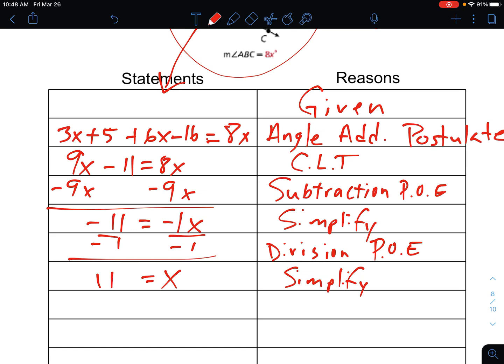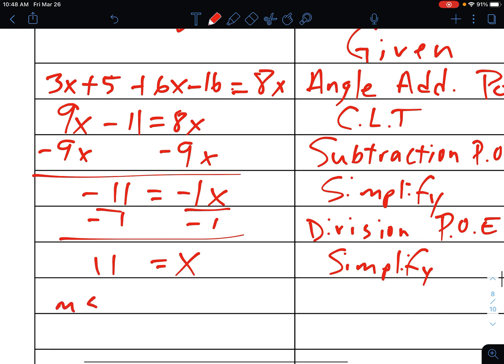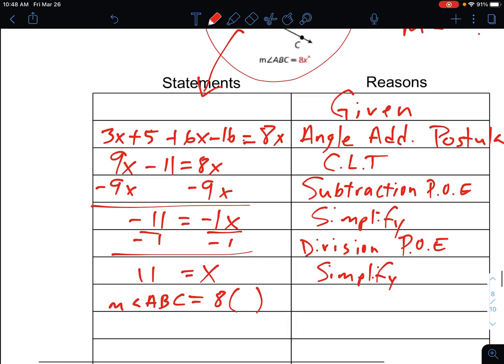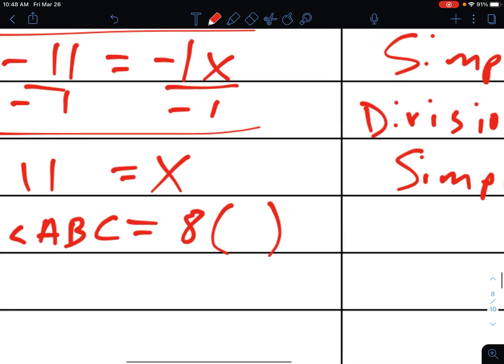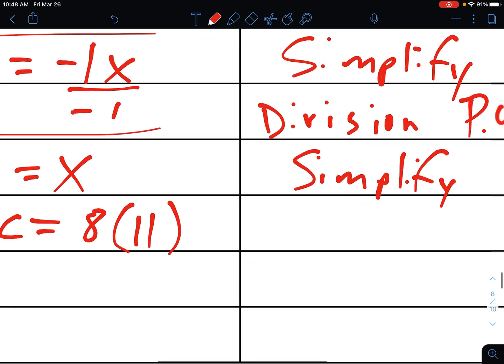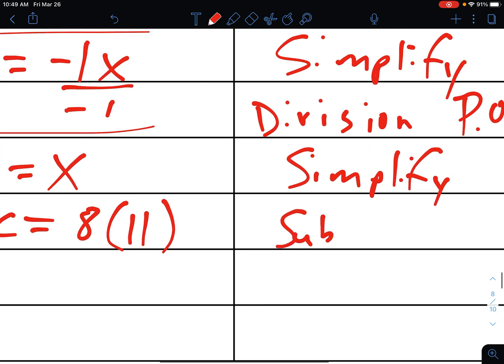Measure of ABC is equal to 8x. Or since we already said it was given, then we would just substitute in. What do we get? X is equal to, it's right above it, 11, and that would be the substitution property.